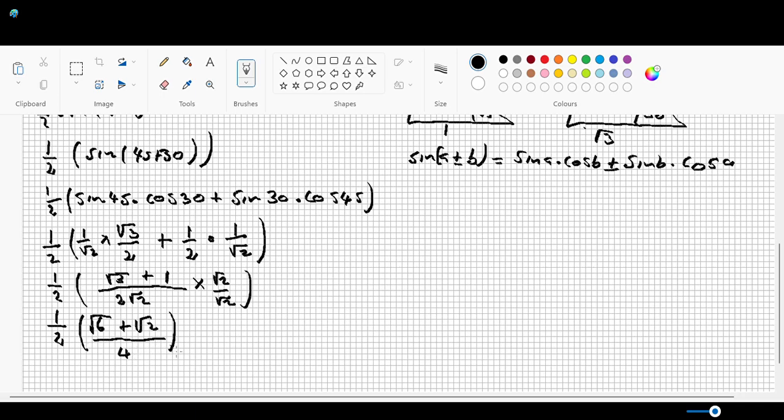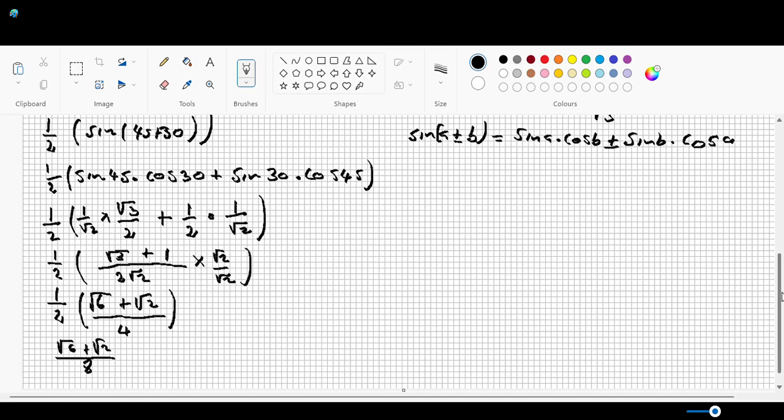And then we multiply by half throughout now, so our final answer is going to be root 6 plus root 2 all over 2 multiplied by 4. This is going to give us 8. So this is our final answer.